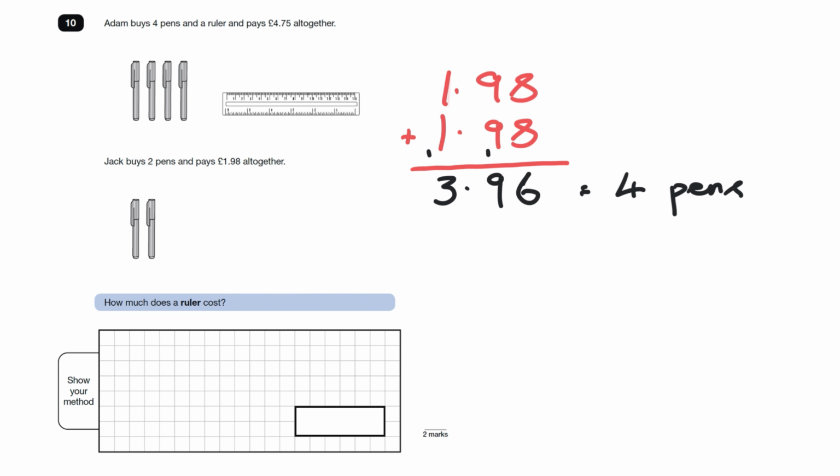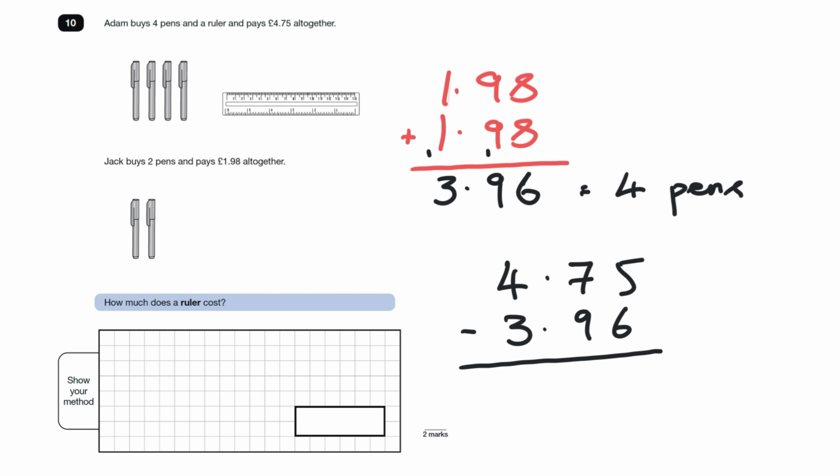So again, you might want to work, if it was on the SATs paper, you'd definitely be working here. I'm just going to work here just so you can see it a little bit better. So we would do £4.75, take away £3.96. And again, I'm just doing this to show you the process.